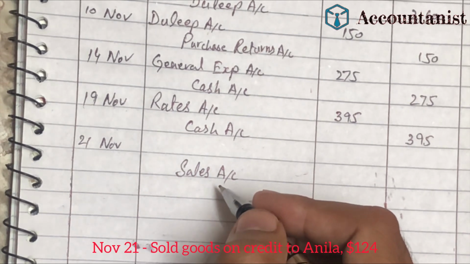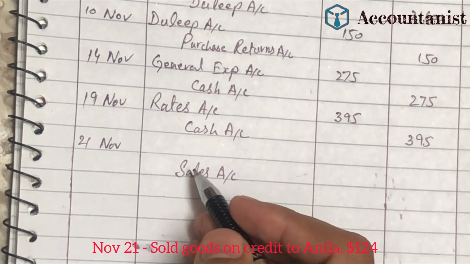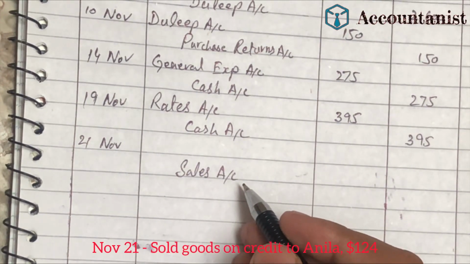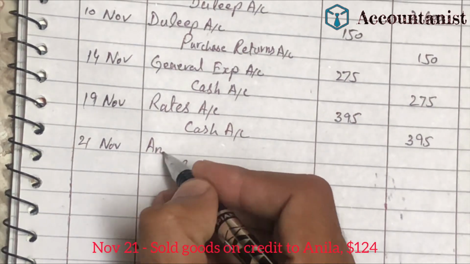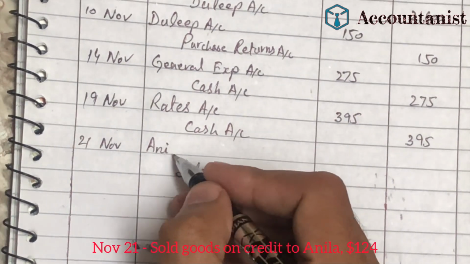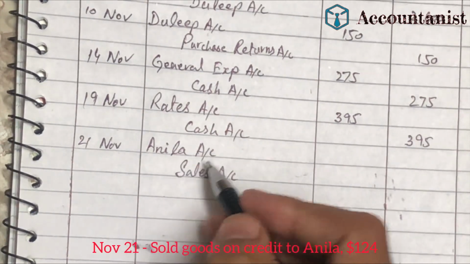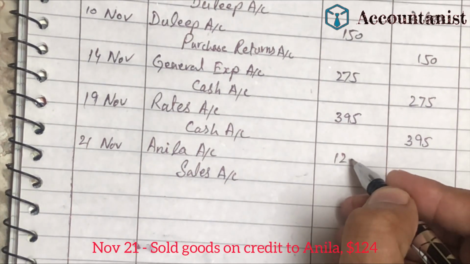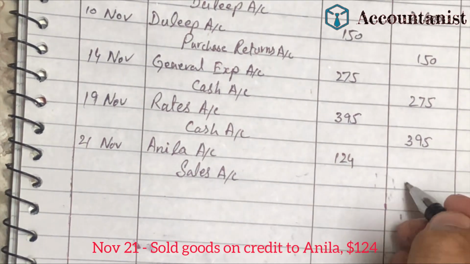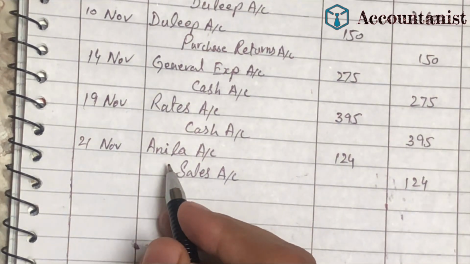Sold goods means the things that we do business in, and sold on credit means we have not received the money yet. So we'll record it with the name of our customer. Anila's account is going to be debited because we're supposed to receive the money from this person. So that will be our accounts receivable asset.